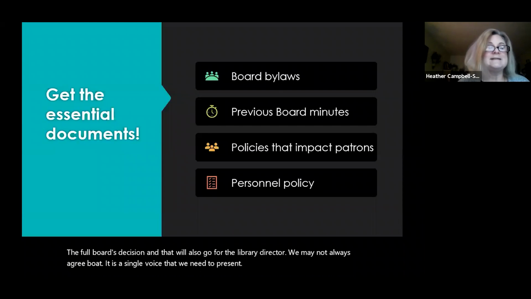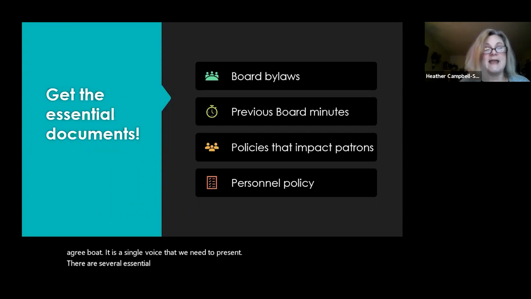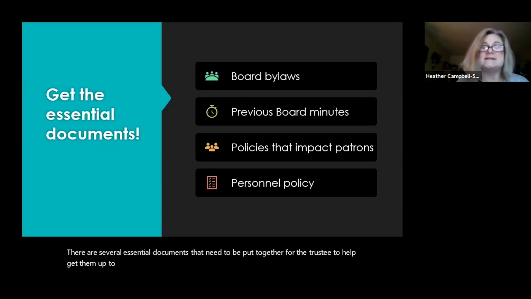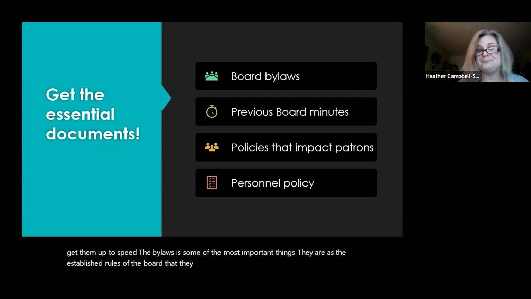There are several essential documents that need to be put together for the trustee to help get them up to speed. The bylaws are some of the most important things. They are the established rules of the board that they use to govern themselves.